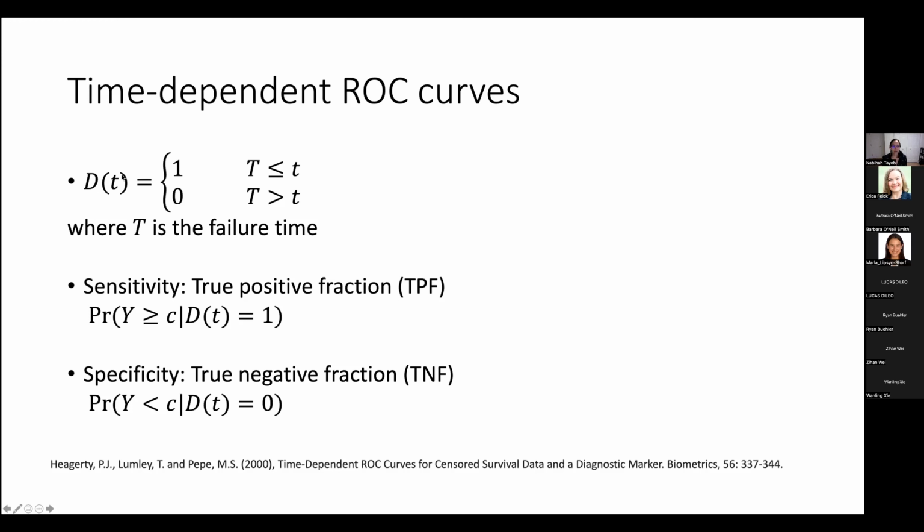So now you have D of T is 1. Let's say your failure time is by lowercase t, and let's say this little t is 1 year. Did the patient develop cancer within 1 year, or after 1 year of follow-up, are they cancer-free?